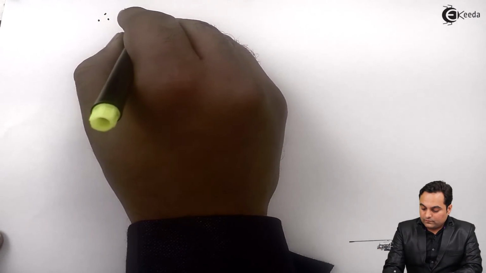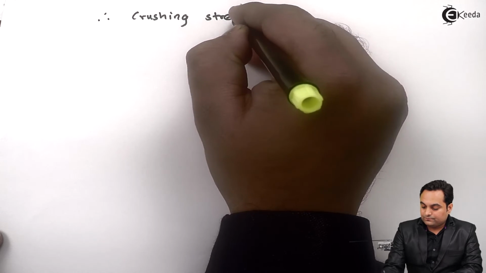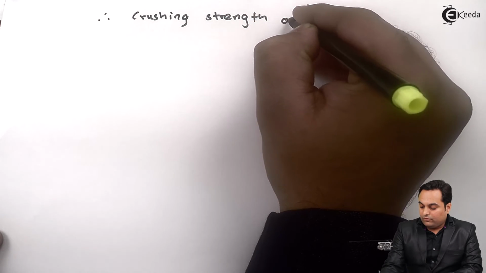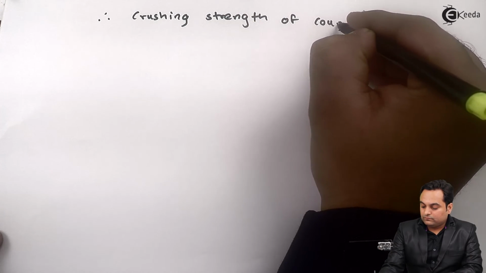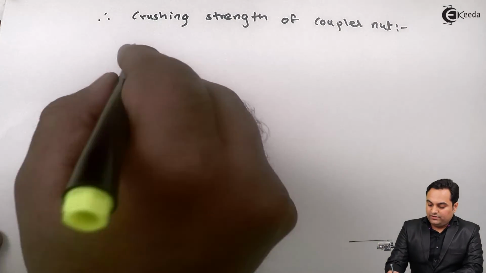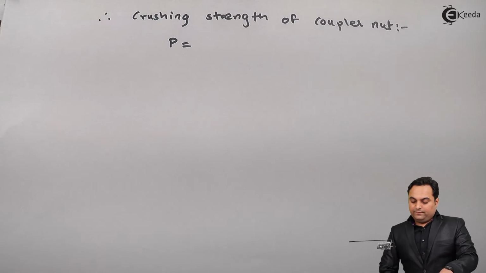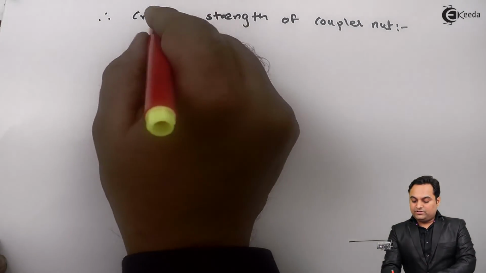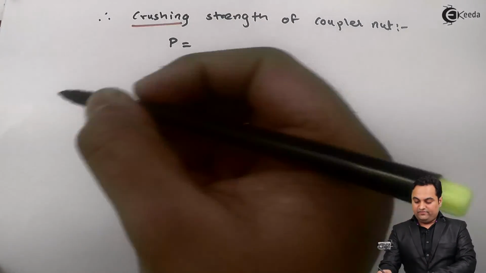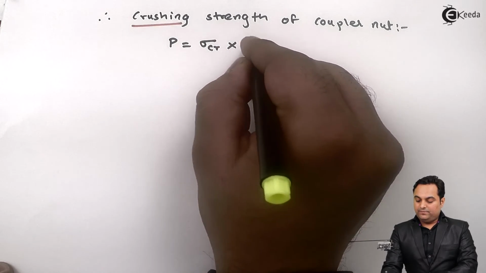So, therefore, crushing strength of coupler nut. Strength means load. Since we are interested in finding the crushing strength, here I have P is equal to crushing stress multiplied by area.